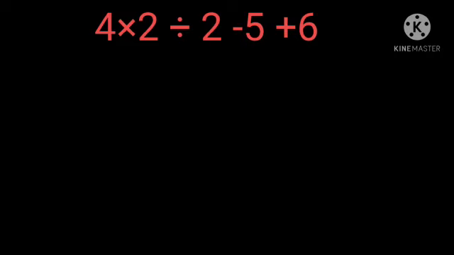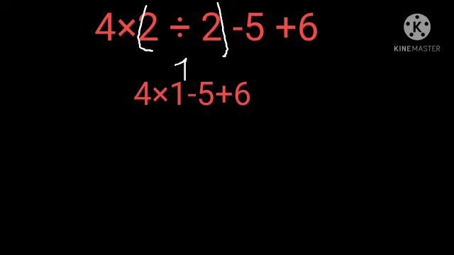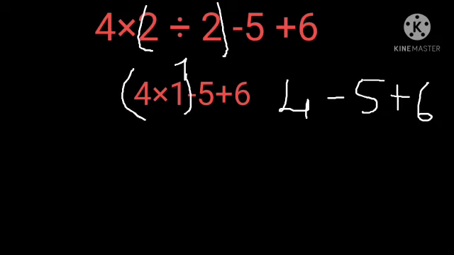Here in this problem, the division is 2 divided by 2. That is 1. That becomes 4 into 1 minus 5 plus 6. In this, the first is multiplication. We should multiply 4 into 1. That is 4. That becomes 4 minus 5 plus 6.